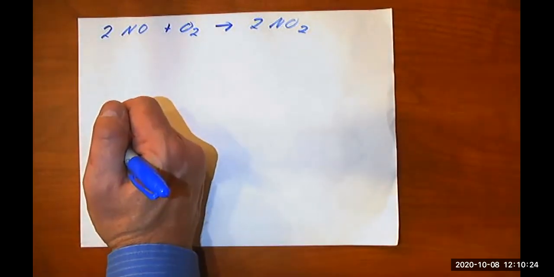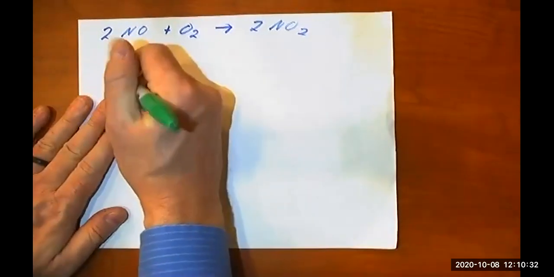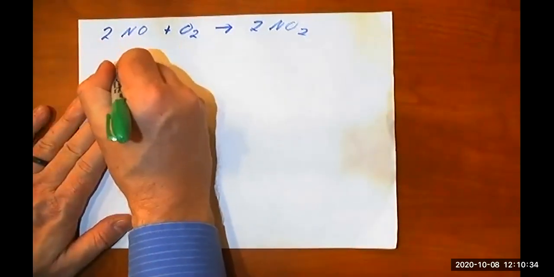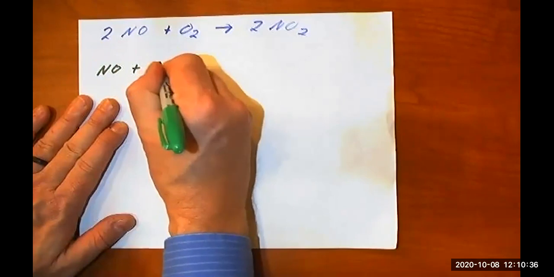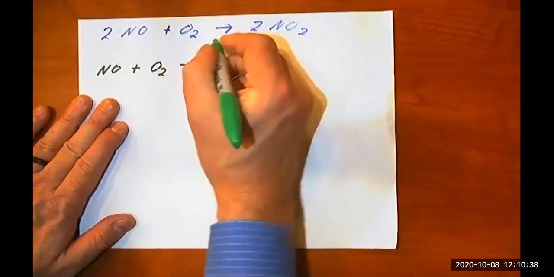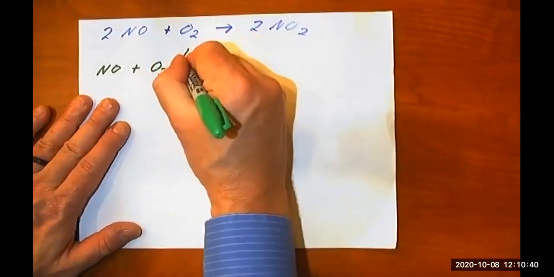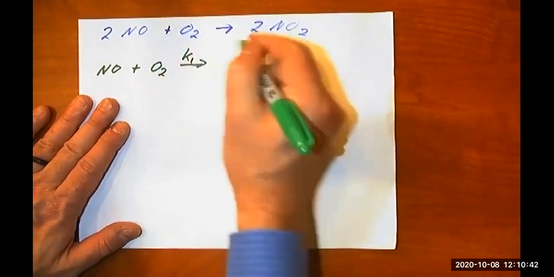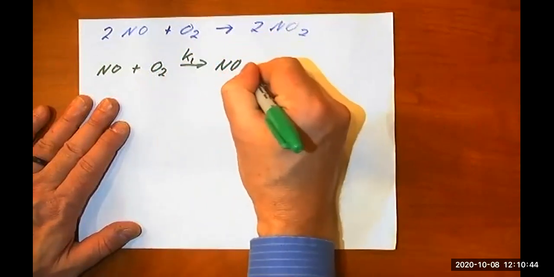I'll do one mechanism in green, one mechanism in blue. So one mechanism would be NO plus O2 goes to, call this K1, goes to NO3.